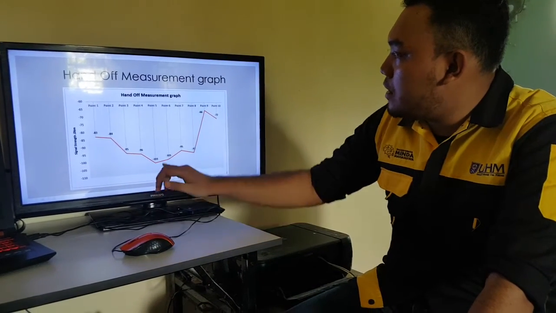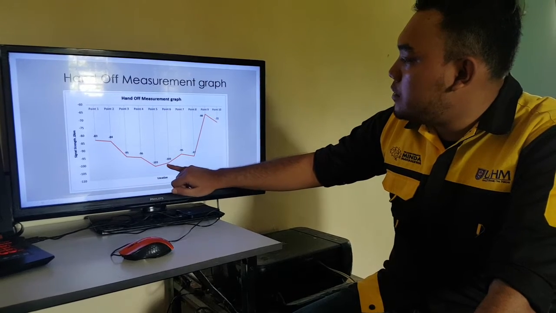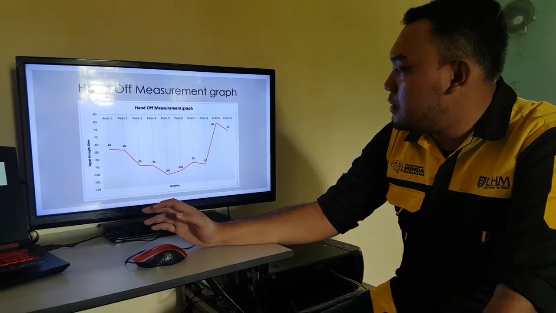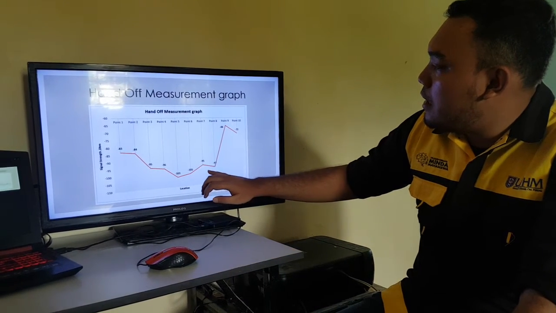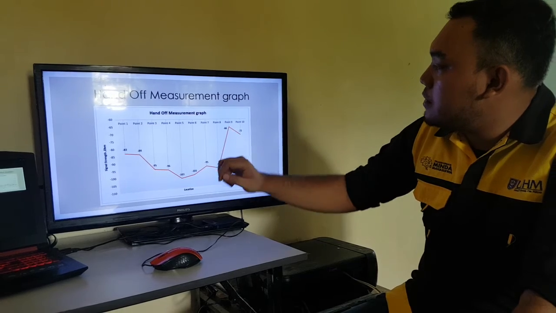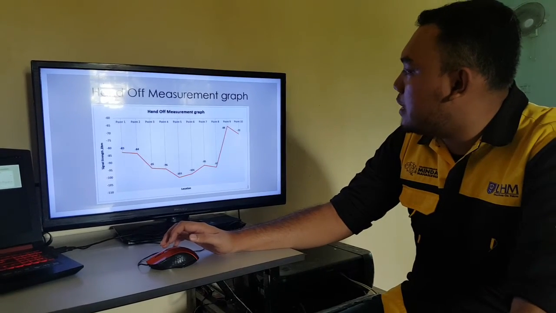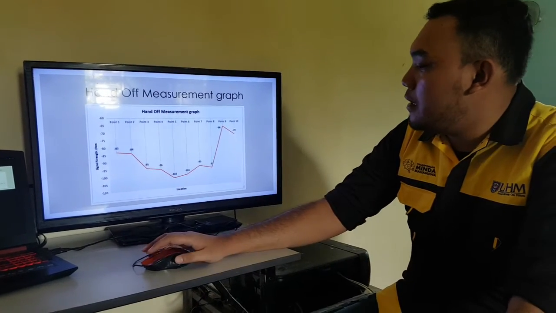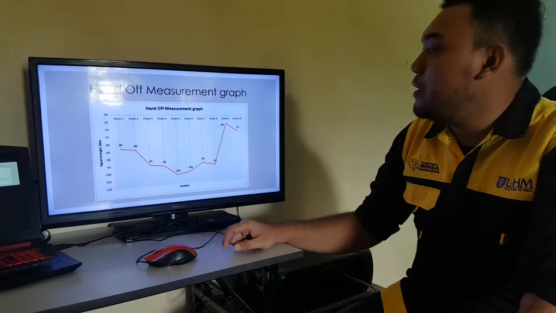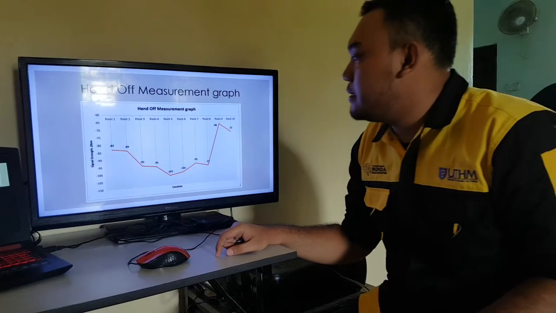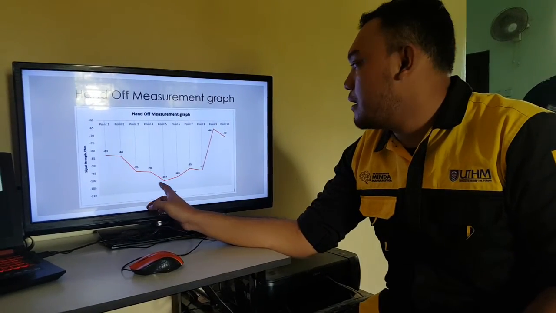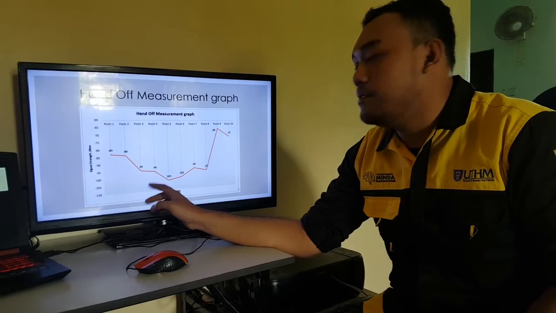And then we found that after that point, the reading of the signal strength increased drastically until it reached negative 66 at point 9. From this region, we can say that the changing of the base station occurred within this measurement.